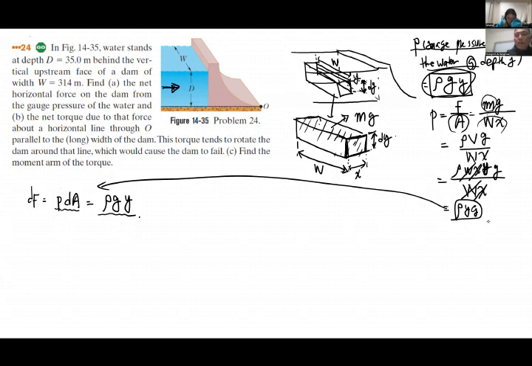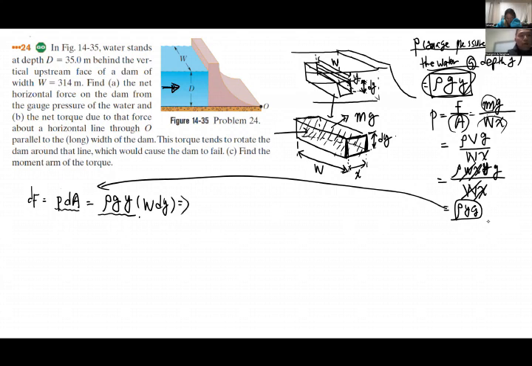In that case, your cross-sectional area is dy times W, because the force is applied in the horizontal direction, right? So the area should be this side surface. So now dA should be W dy.